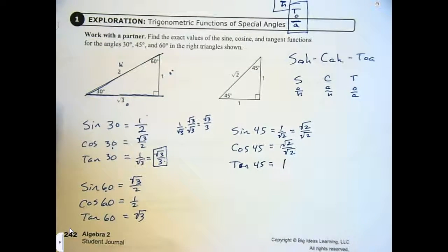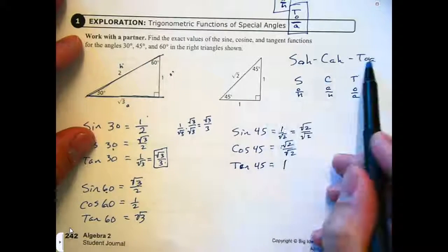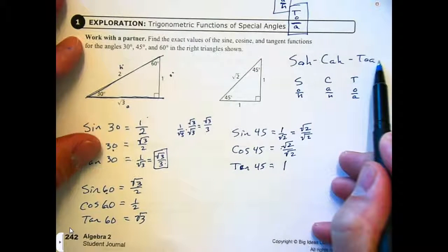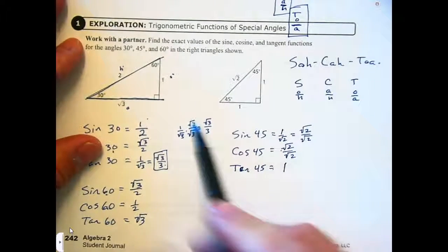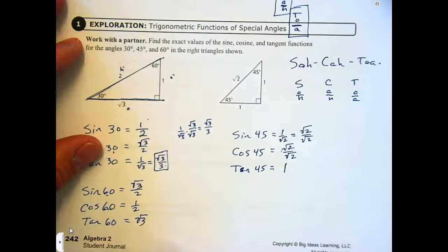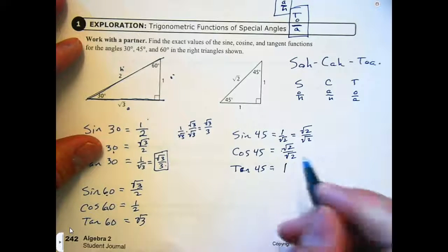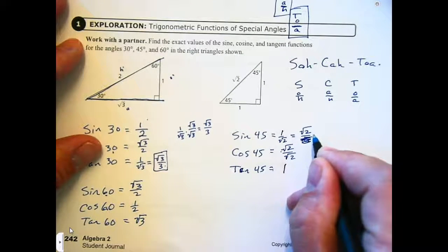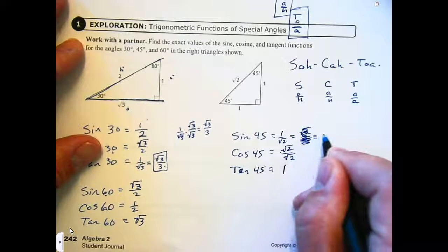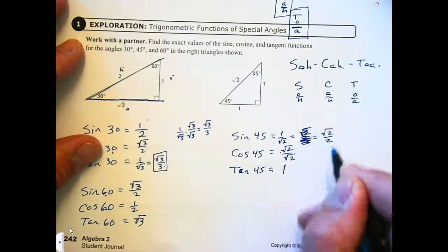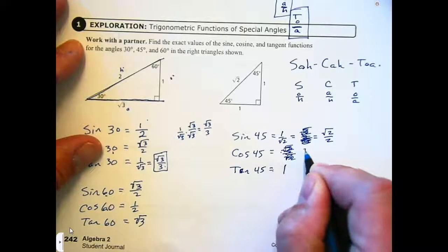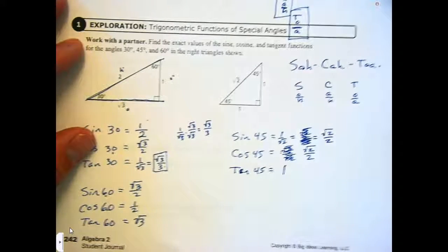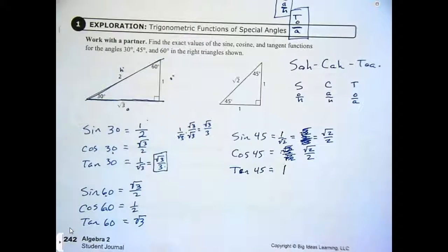Well, tangent is the same thing as opposite over adjacent. Yes, it is root 2 over 2. What am I doing here? Thank you. Let me just scribble that all the way out. I'd use my eraser, but I don't have one. Root 2 over 2. I'm not going to give away the tangent thing yet. That'll be for another lesson.